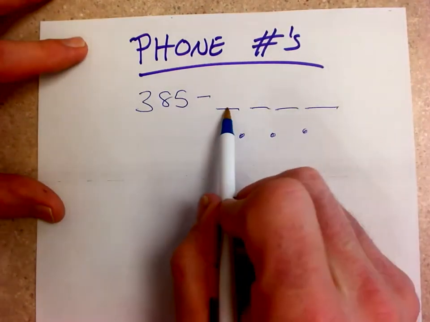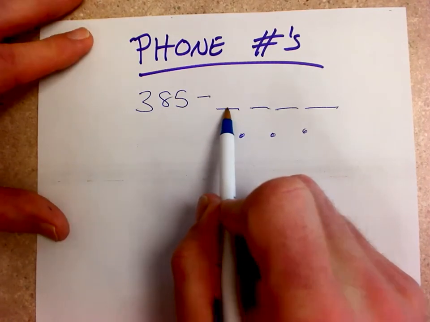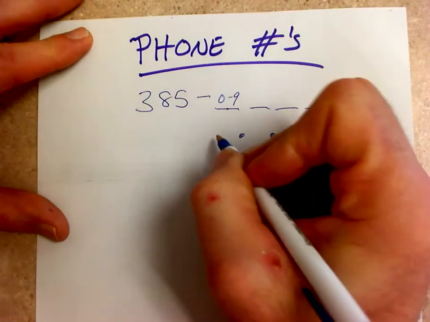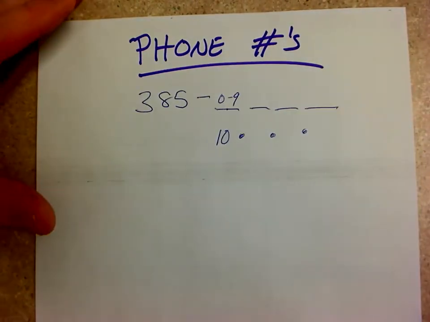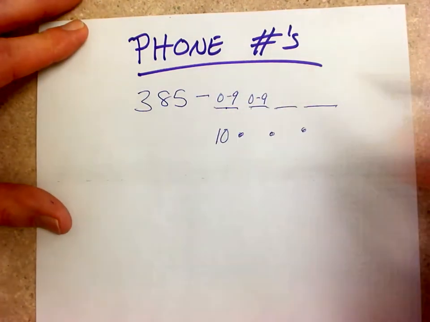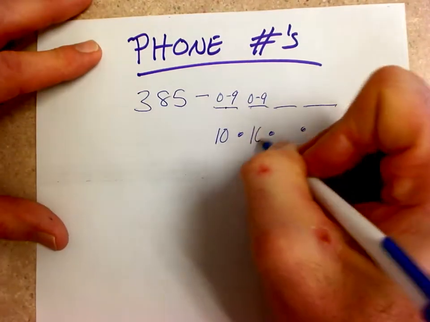What we need to figure out is how many different numbers can go in this first spot. If it's a phone number, 0 through 9. That means we've got 10 digits. How many can go in the second spot? Again, 0 through 9, because if it's a phone number, you're allowed to repeat digits.